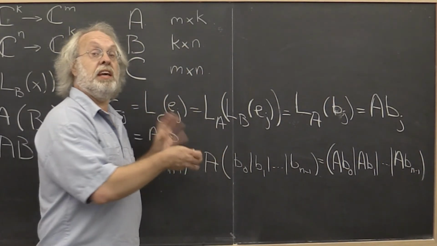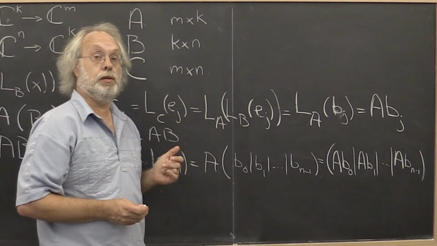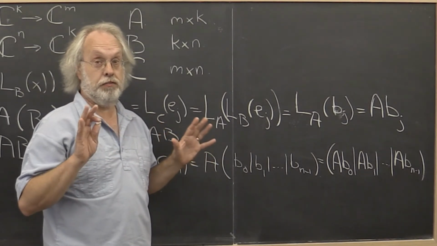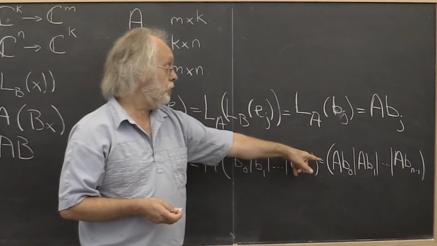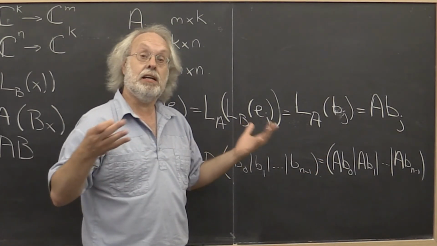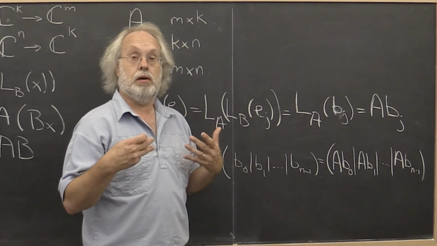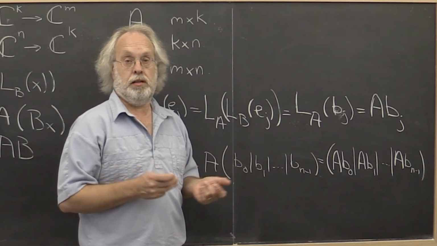Now, that may not be how you were introduced to matrix-matrix multiplication, but if you think about it very carefully, you find that how you compute entries of this matrix is exactly the same, or at least yields exactly the same result as the formula that you were taught.